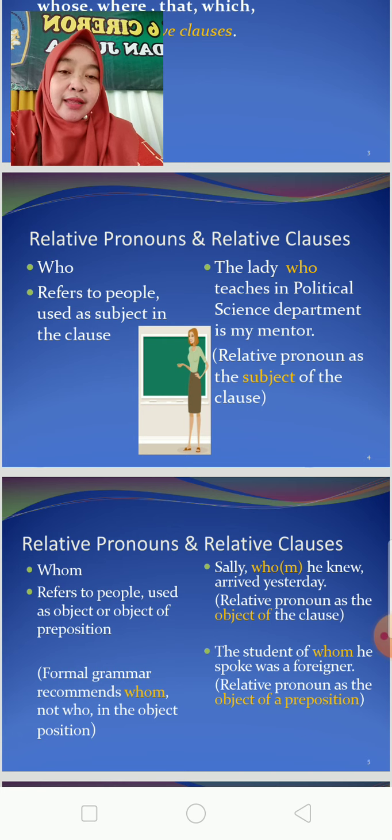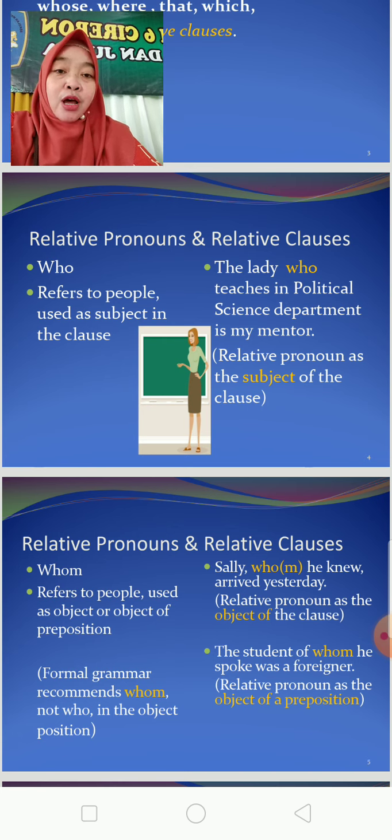Actually, the lady is my mentor. But to give detailed information about the lady, we give the relative clause. Which lady is my mentor? The lady who teaches in political science department is my mentor.